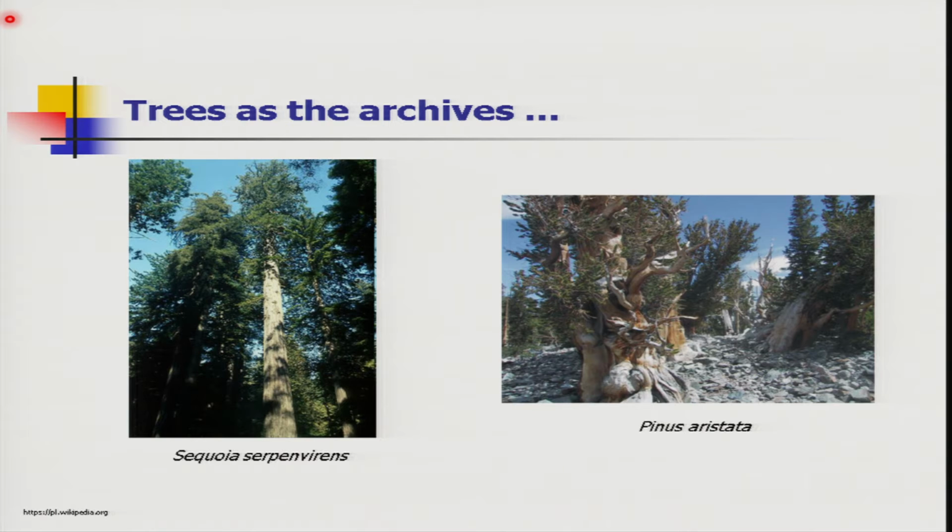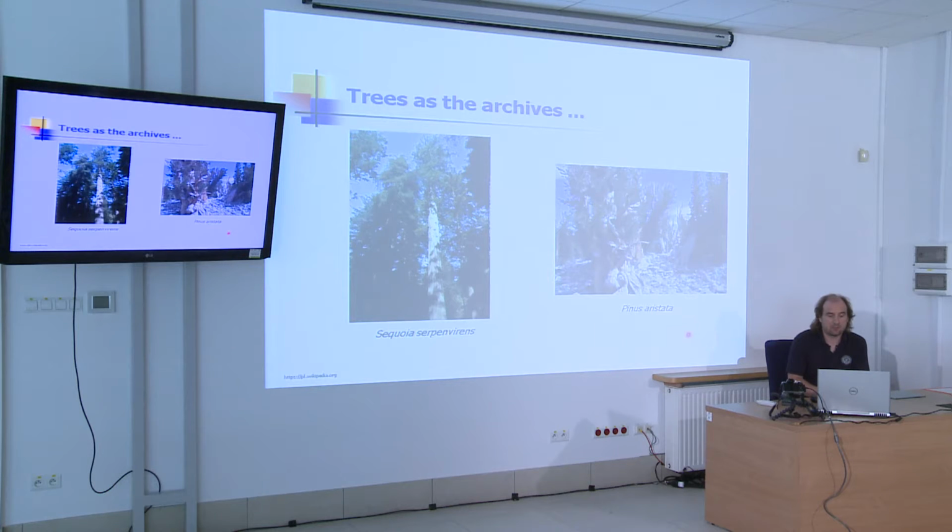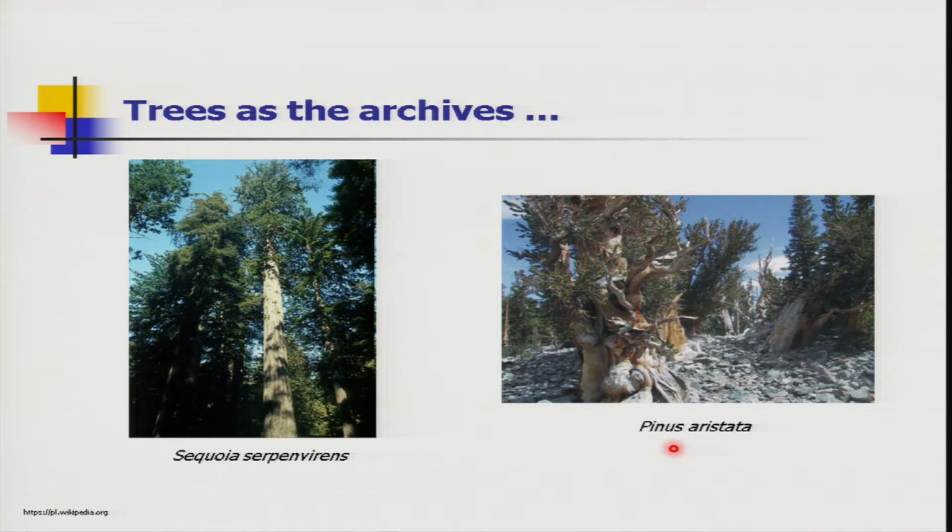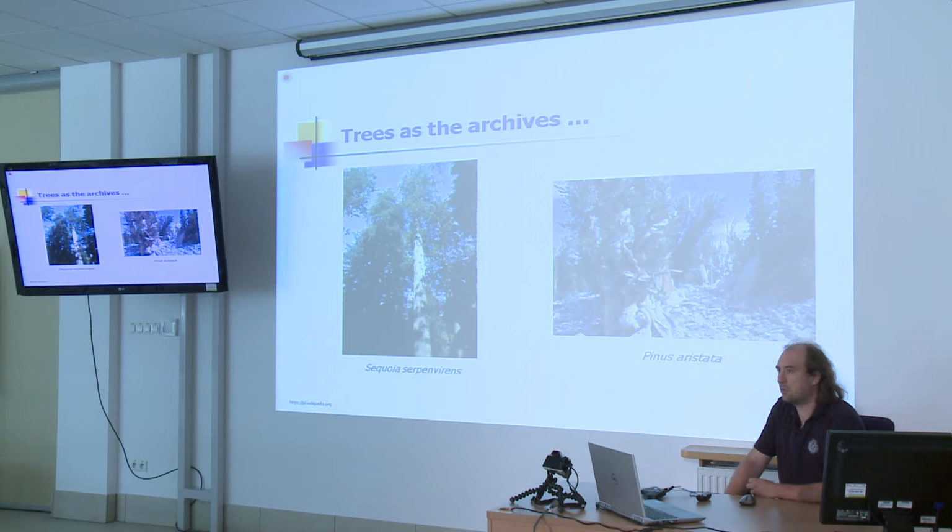But sometimes in very unfavorable conditions, like in the desert parts of the United States, we may find species like Pinus aristata. These specimens are very small. They are not tall, they are not thick, but they are very old.